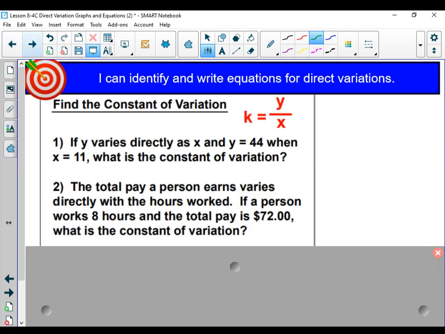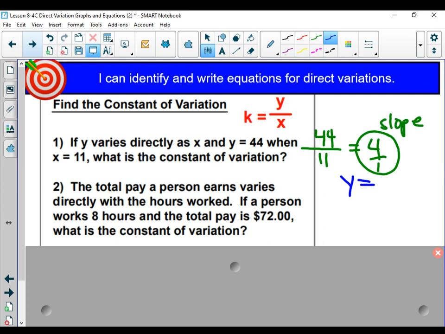Y over x is going to give me k. What's y? 44. What's x? 11. Which equals 4 over 1. So now I know this is the slope. Do you know how fast I can write this equation? Like this fast.